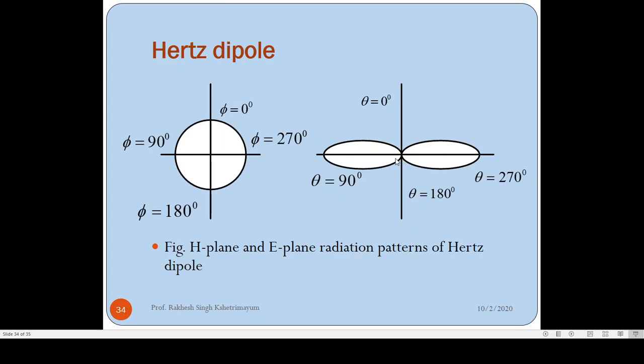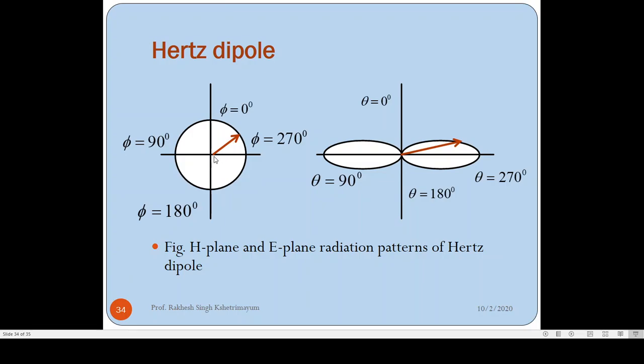But along the theta direction, field is maximum along theta equal to 90 degree and 270 degree, and we don't have any field radiation along theta equal to 0 degree. So this is the E plane pattern and this is the H plane pattern. Once you have these two principal plane patterns of the antenna, you can easily generate the 3D pattern. For example, you rotate this E plane in a circle, then you will be getting the radiation pattern you have for the Hertz dipole.